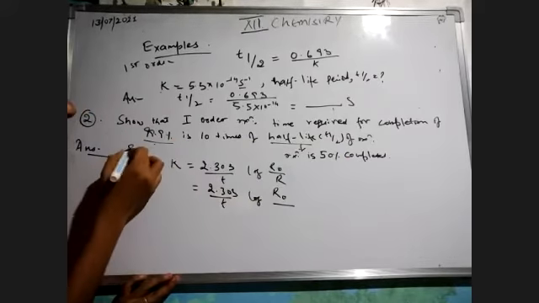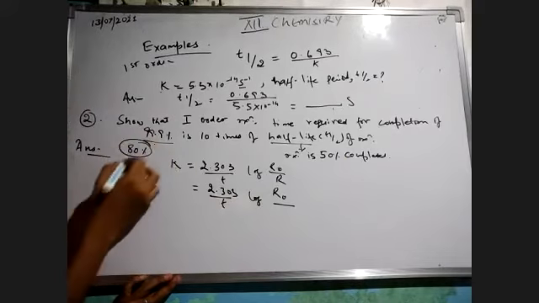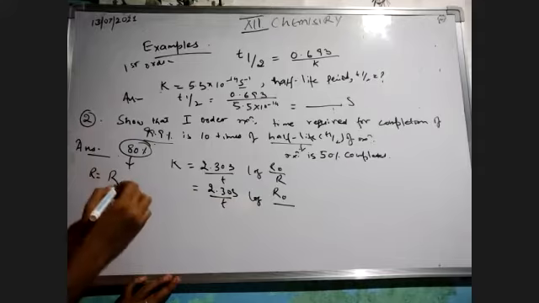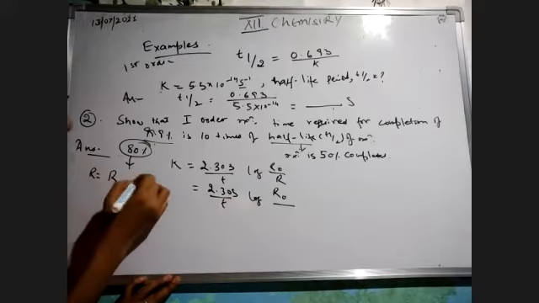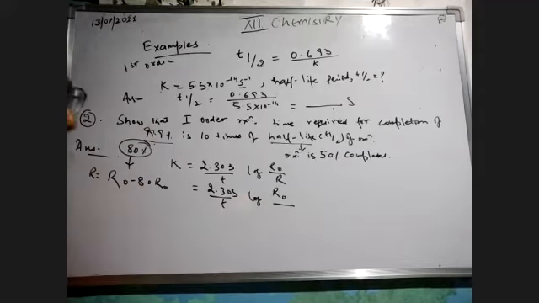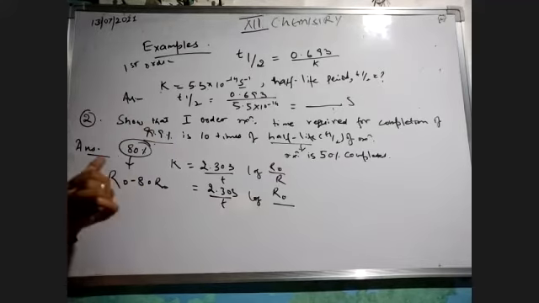If I say my reaction is 80% complete, that means my concentration R is now R naught minus 0.80 R naught. It means the concentration of the reaction is already 80% complete.